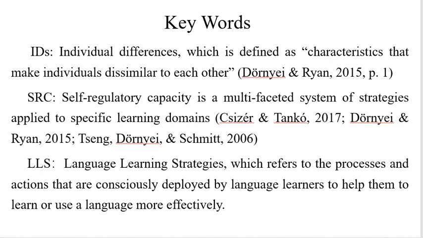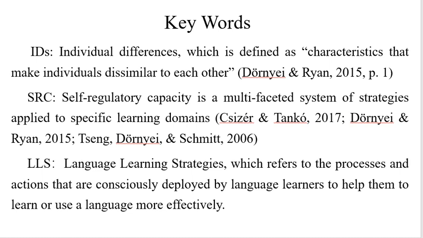And the second one is SRC, self-regulatory capacity, a multifaceted system of strategies applied to specific learning domains. According to Donay and Rand, self-regulation is a dynamic construct that connects strategic capacity, intent, and learning behavior.